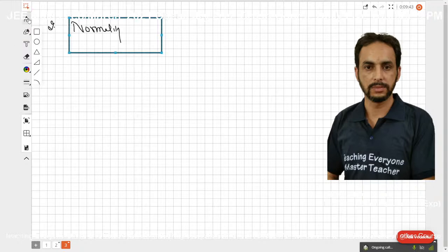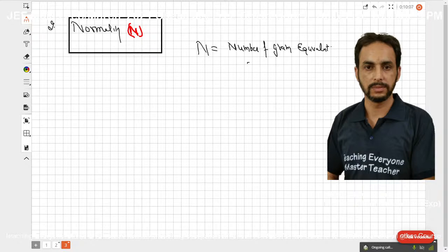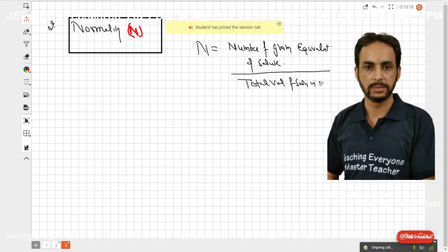It is denoted by N. So here normality is equal to number of gram equivalents of solute divided by total volume of solution in ml multiplied by 1000.